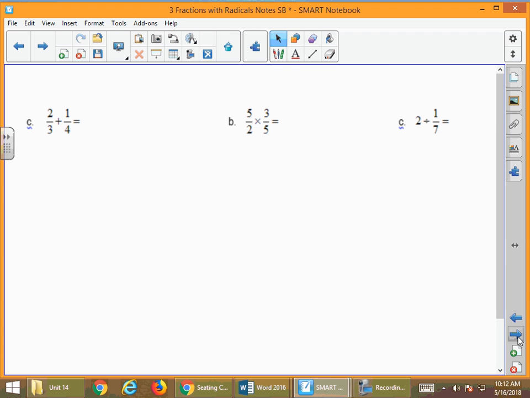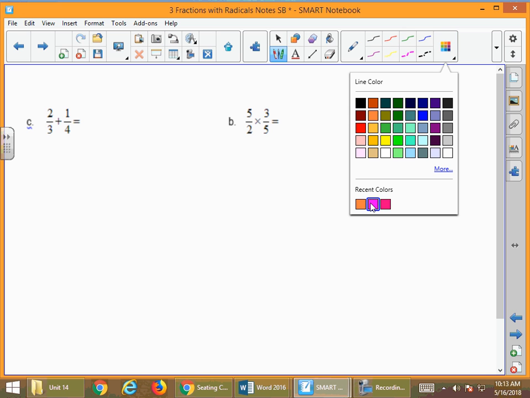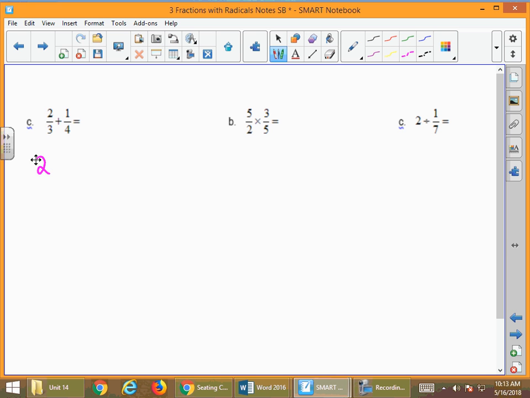Then the next day we started adding, subtracting, multiplying, dividing fractions. As we look at letter C here, I'm going to rewrite this problem as 2/3, leave a little bit of space, plus 1/4. And we need to find a common denominator whenever we add or subtract.